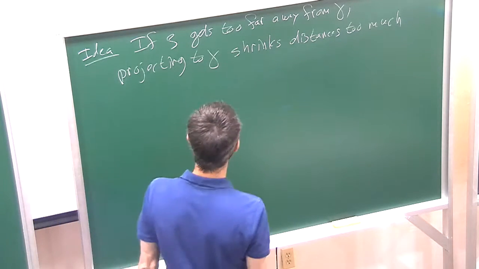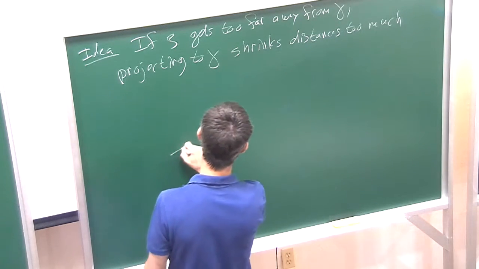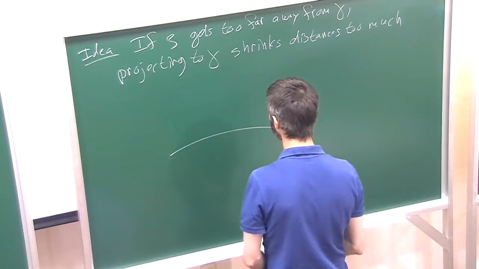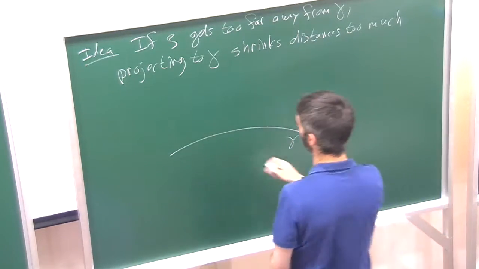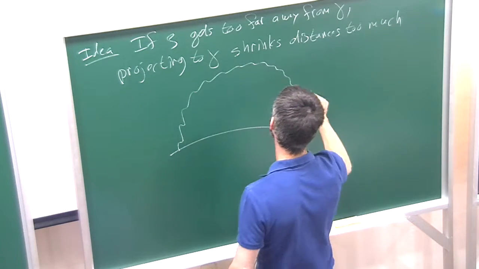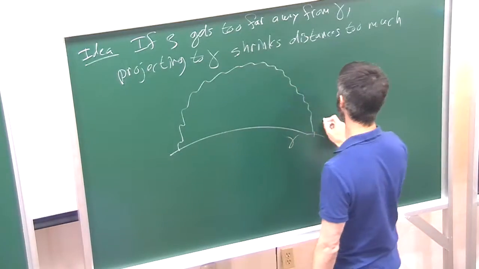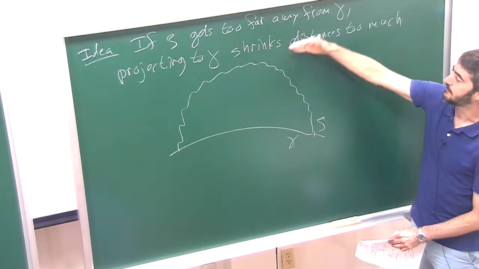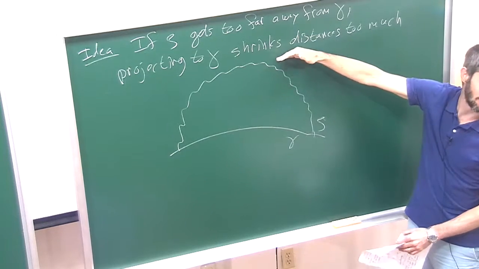So now let me just draw the picture. Okay, here's gamma, and then I have rho, my nice quasi-geodesic. All right, and I want to be far away, because when I'm farther away, I win more by shrinking.